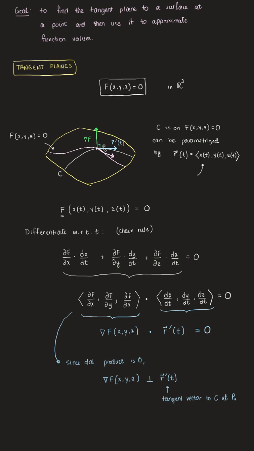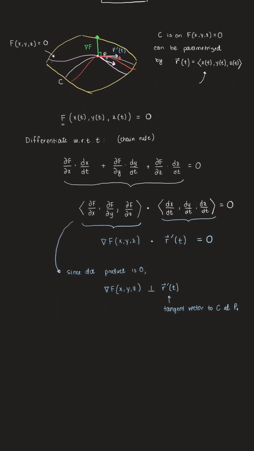So no matter what curve I draw through my point P, all of the derivative vectors are going to be orthogonal to the gradient. And so all of these derivative vectors are going to be vectors that are on the tangent plane. So let's make a note of that.